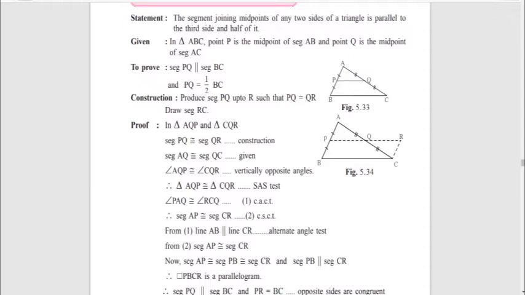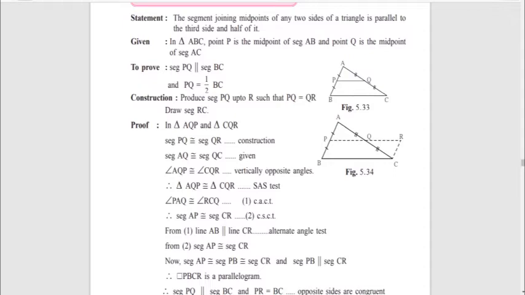Now since it is a parallelogram, we can write segment PQ is parallel to segment BC. Because PR is parallel to BC and PQ is part of it, so PQ also will be, because Q lies between P and R, we can write PQ is parallel to BC.